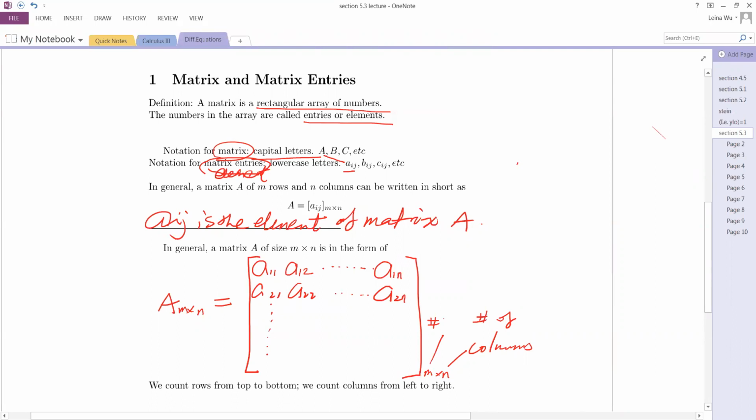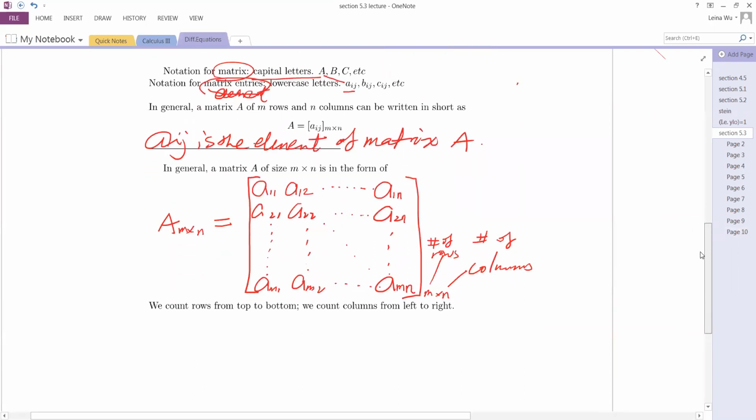The last row starts with a_{m,1}, a_{m,2}, and the last entry will be a_{m,n}. This is a quick way to express the matrix A with its elements.